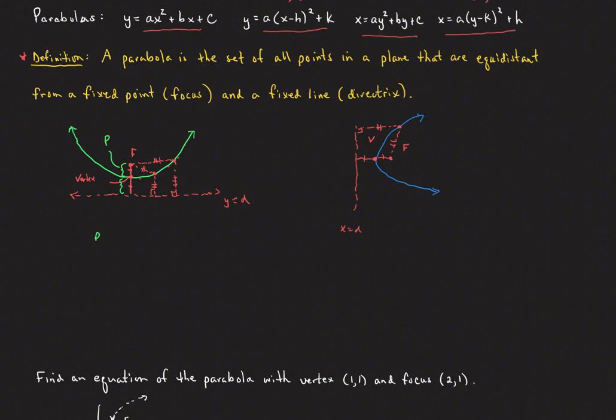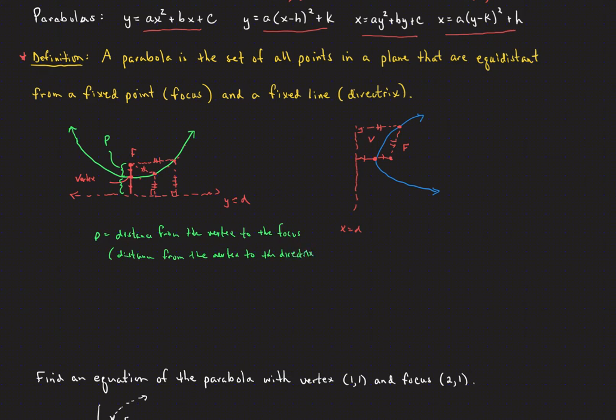So p is the distance from the vertex to the focus, and that's also the same as the distance from the vertex to the directrix.